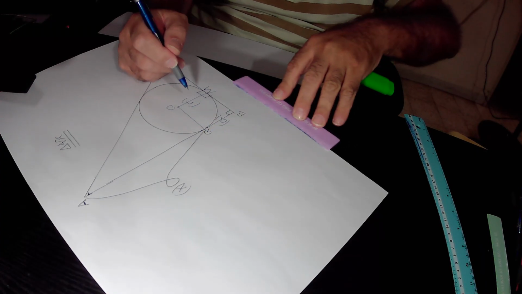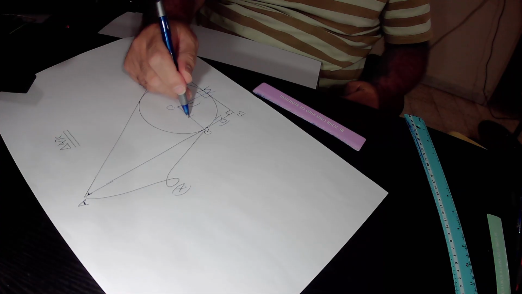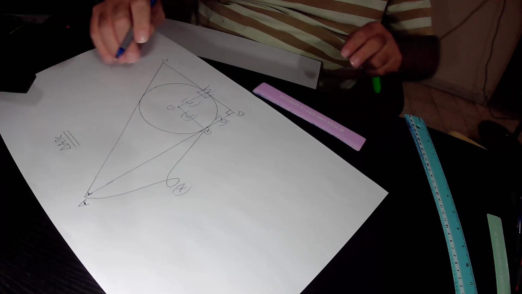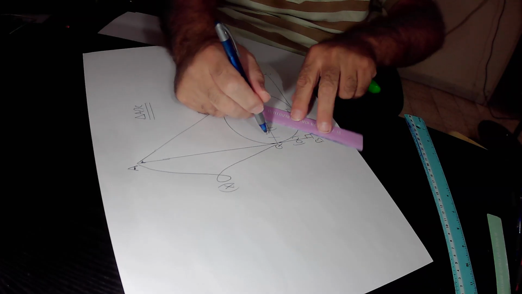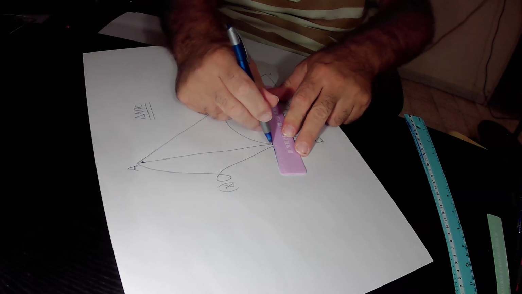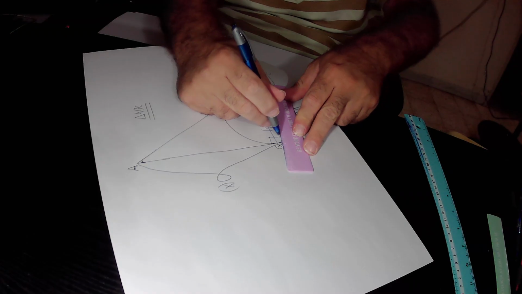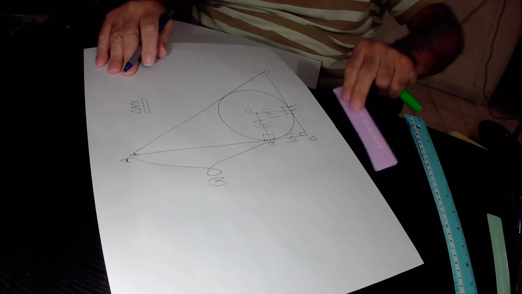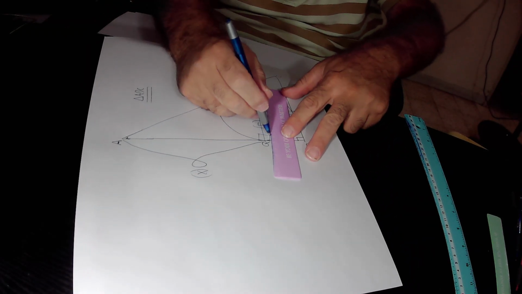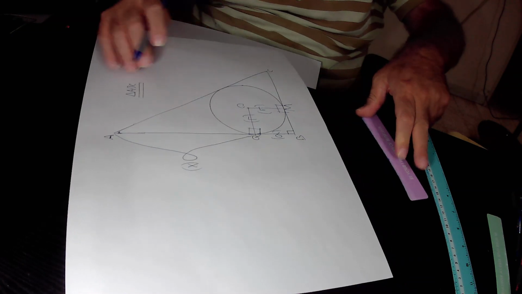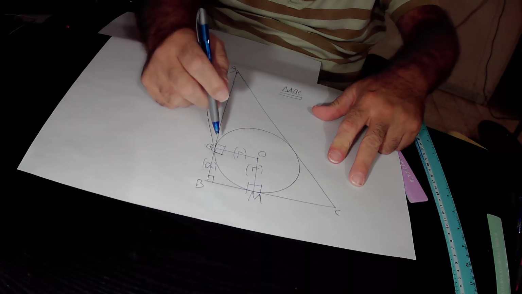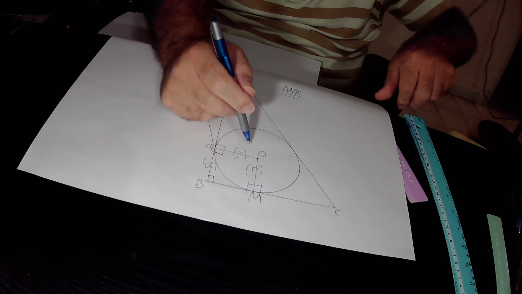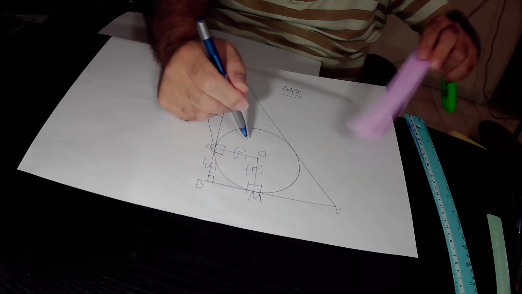OQ is of course a radius of this circle, equal to R, and according to rule 1, this angle equals 90 degrees, and this angle also equals 90 degrees. So in the small quadrilateral QOMB, we have three 90 degree angles, and therefore this fourth angle must also be equal to 90 degrees.